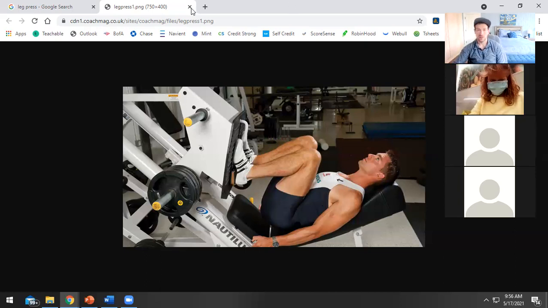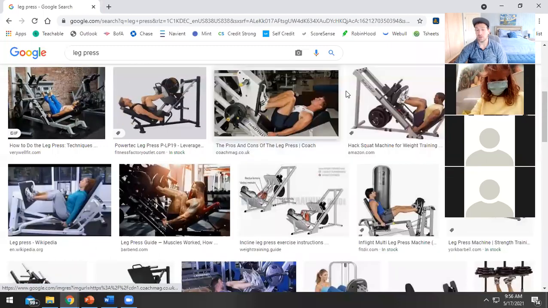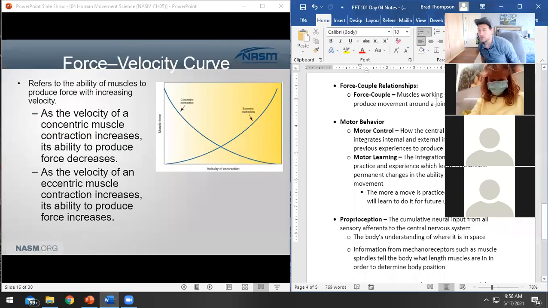Oh yeah, and that's what happens when we sit all day. That's the reason sitting leads to an anterior pelvic tilt. I'm in hip flexion, right? My hips are in this position.